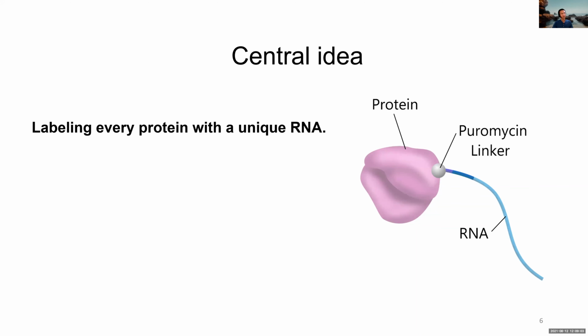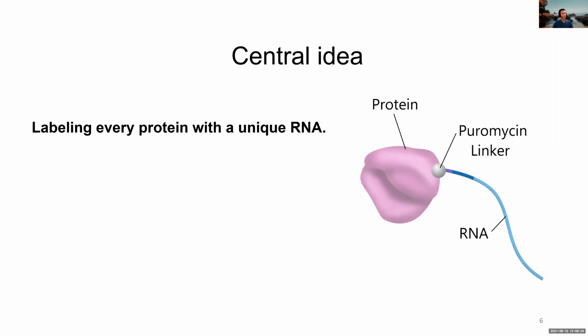The key is to label every protein with a piece of nucleic acid, such as DNA or RNA. In this case, shown here is a protein that is covalently linked to an RNA sequence.